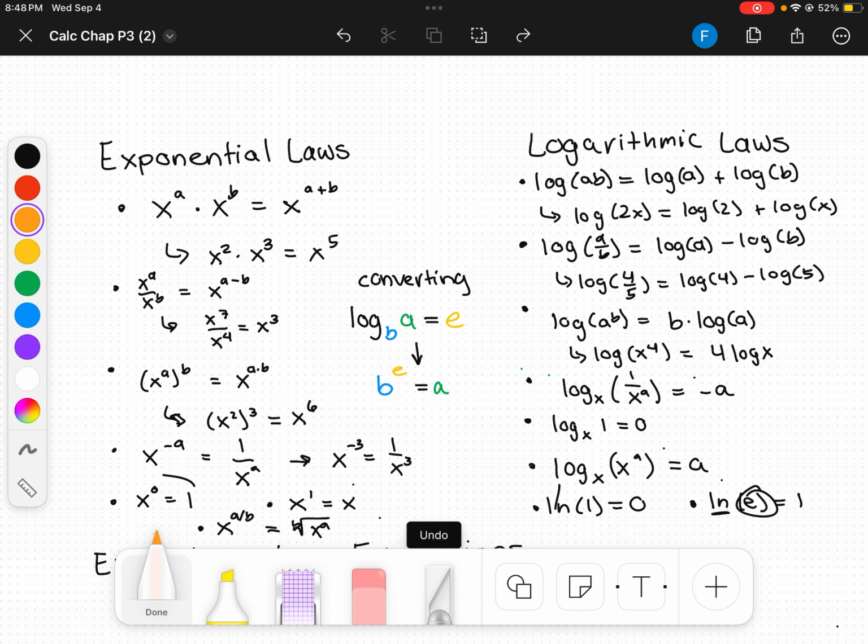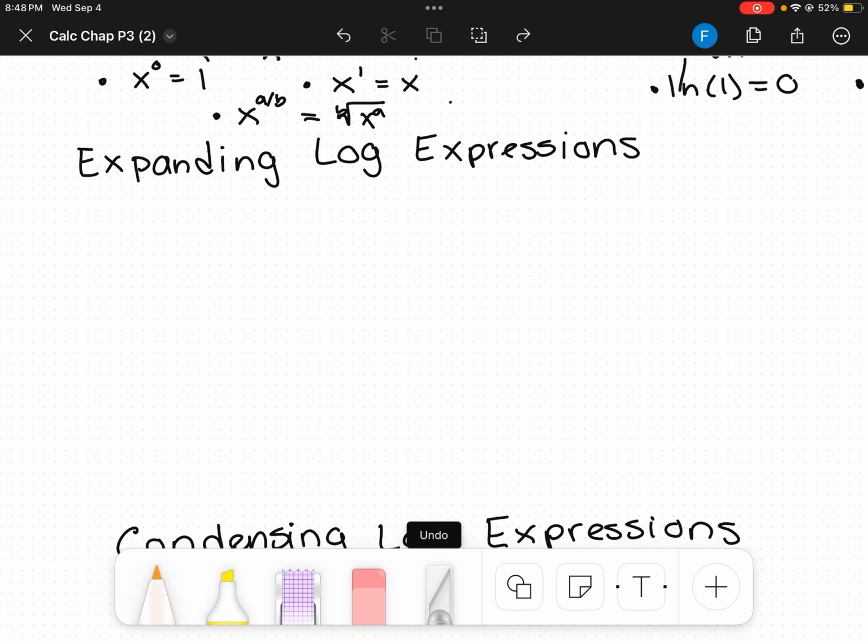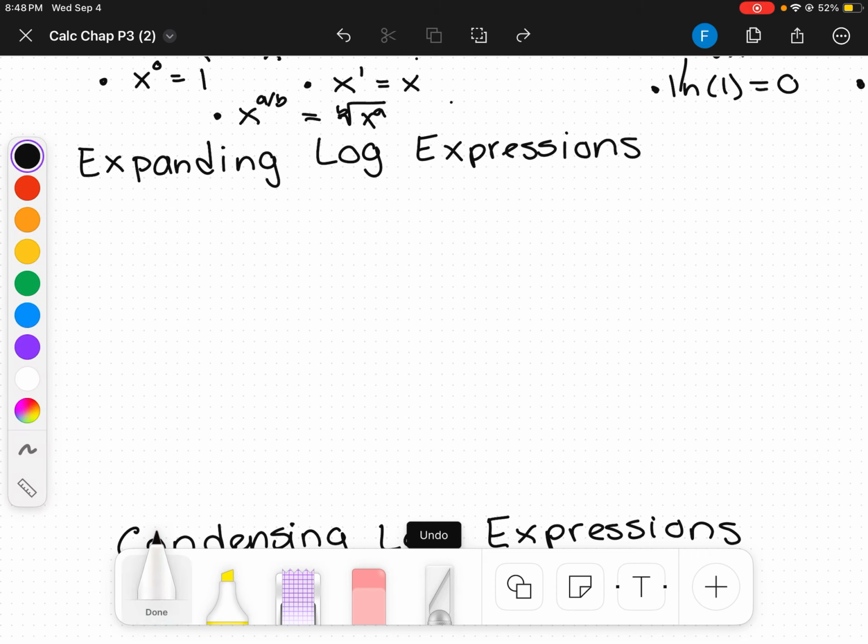Okay, let's move on to talk about expanding log expressions. So what we mean by this is we're going to start with some pretty packed expressions, actually. So something, for instance, like this, log base 3 of radical xy.